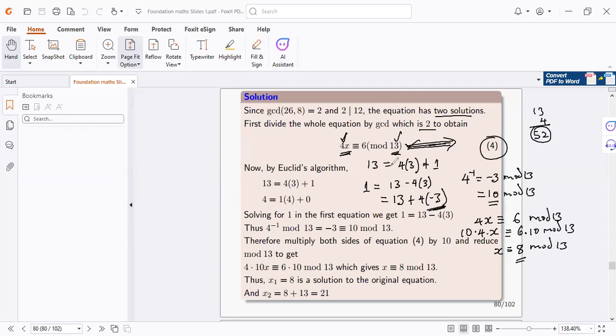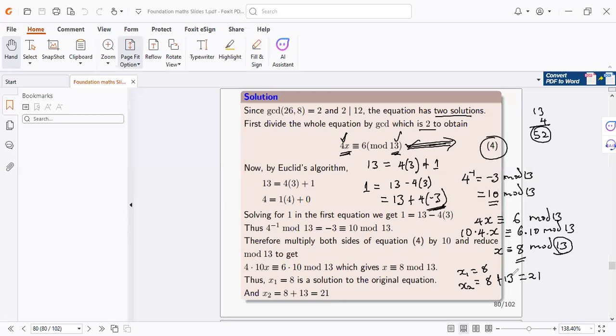So this is the first solution of x. For us to get the second solution, we do it the same way we did on Thursday. The first solution we found to be 8. So the second solution, therefore, would be 8 plus this 13.